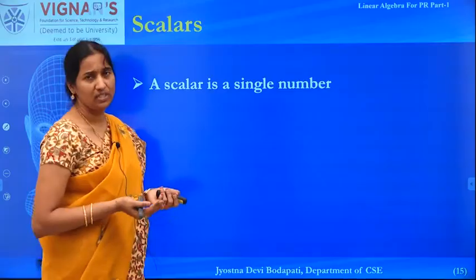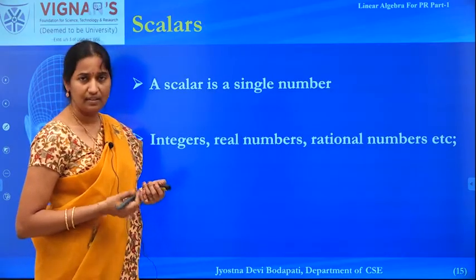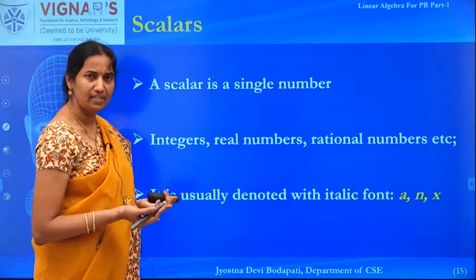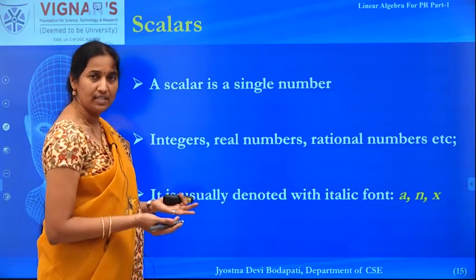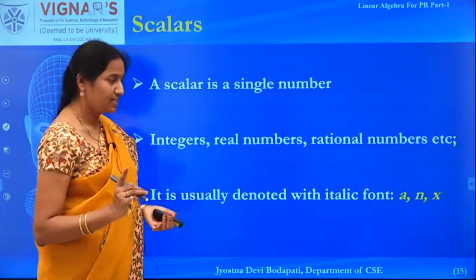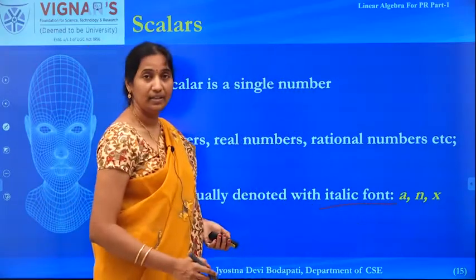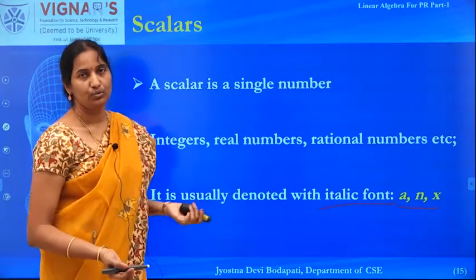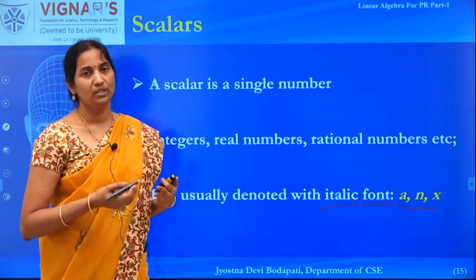And now let's see what a scalar is. As we already saw, a scalar is a single number. It can be a real number, a rational number, an integer; any type of number can be called a scalar as long as it is a single number. We always represent a single number in italic form, for example a, n, x, and so forth. And we are very much familiar with the operations that can be applied on scalars.